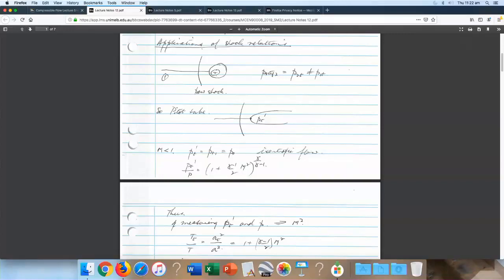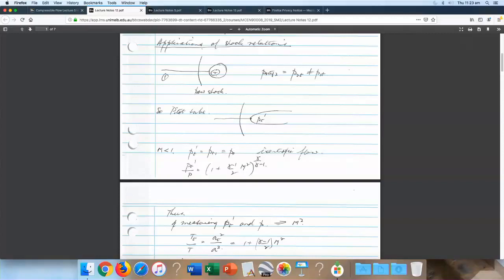So, now what is it that you'd like me to clarify? When you have supersonic flow, how can we measure? We have to measure the total temperature to get the velocity.